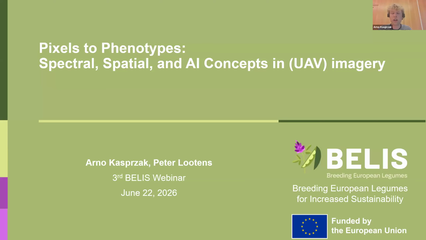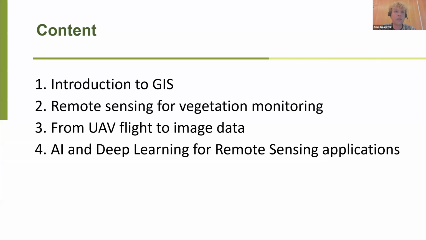Okay, hello everybody. I'm Arno, and together with Peter, I will present some fundamental and basic spectral, spatial, and AI concepts in order to understand the rest of the presentations. So we will talk in this presentation first about GIS.